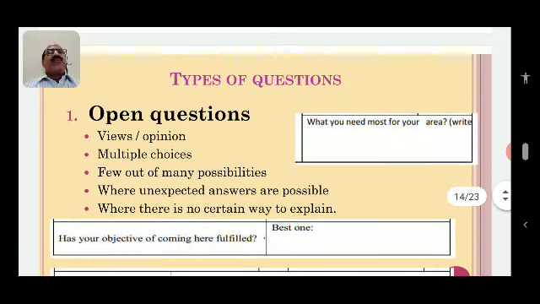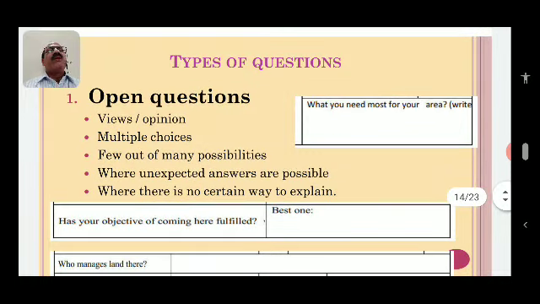So we'll discuss a few which you have used and which are important. Not all, you can go through other websites for that. So open questions. Open questions means we solicit the views or the opinion of the respondent. We want the answer not in digital form, not in numbers, rather there will be descriptions.